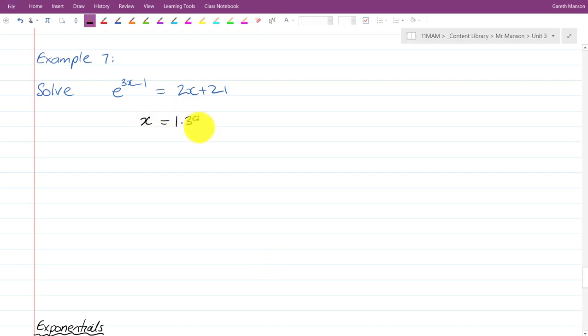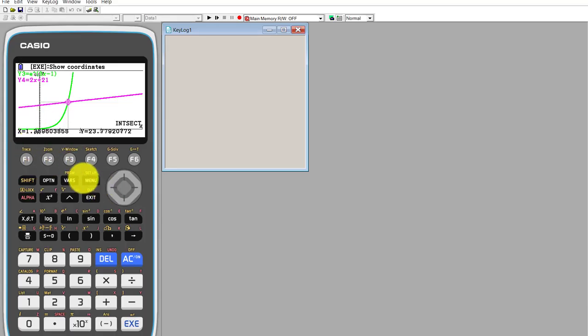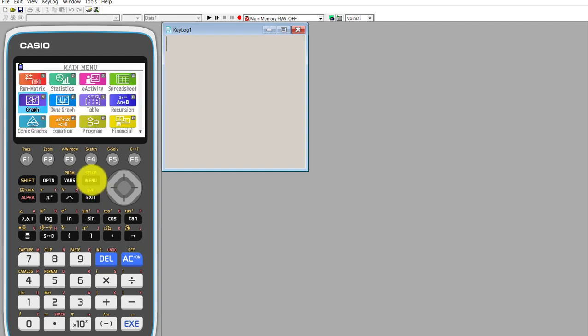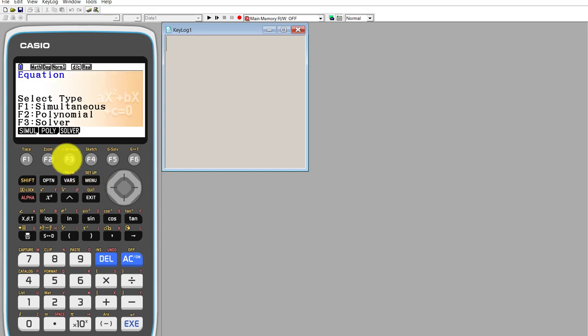Now, alternatively, and this moves away from graphing, you could go back to your main menu and you could solve in the equation solver in here. It's not a polynomial, it's not simultaneous, so you're going to F3, which is the solver, and then you put the function into here.